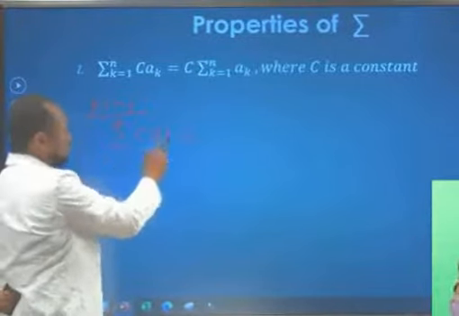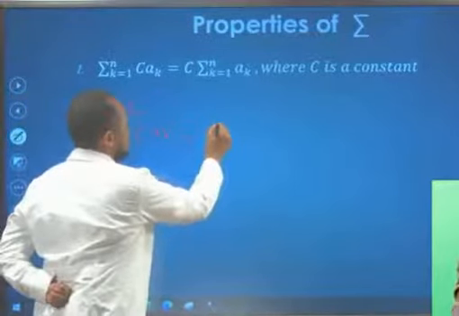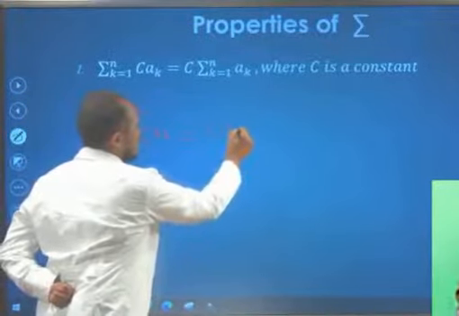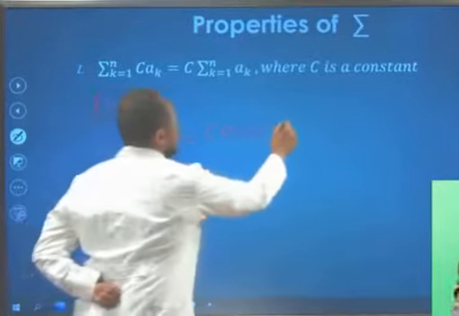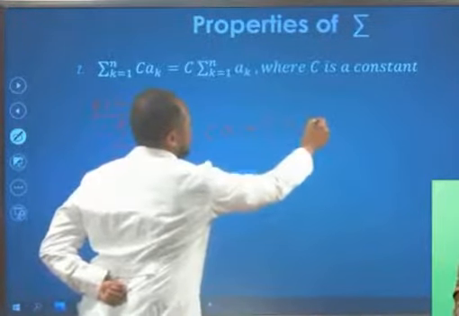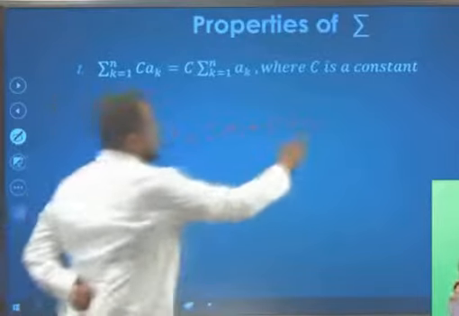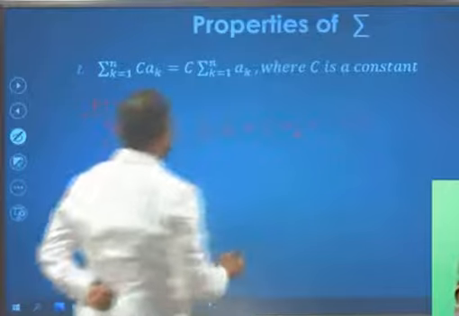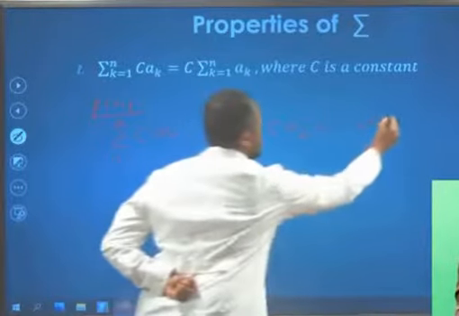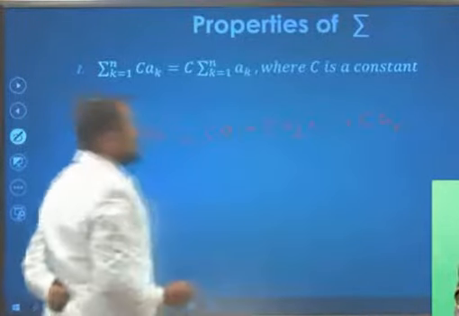Put 1 first in place of k, and you get c times a_1, plus the next term c times a_2, plus the next term. It goes on like this, up to c times the nth term.